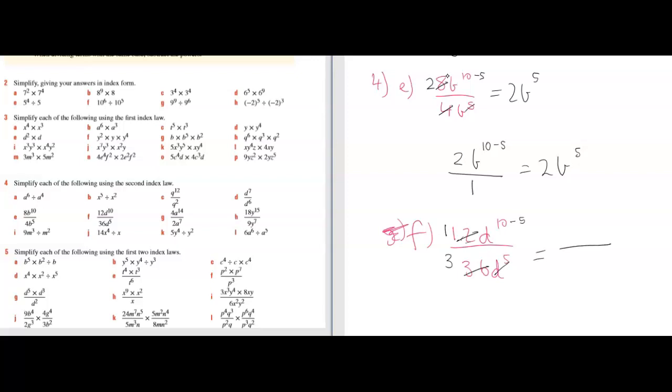So your final answer, we've got on the top 1d to the power of 5 over 3. Now we don't tend to write the coefficient of 1. So I'm just going to rewrite that like that. So you didn't have to write the 1 there, but I didn't want to not put it there and you think, oh, where did that 1 go? So I just showed you that there, but we don't tend to write 1d squared, we just write d squared.